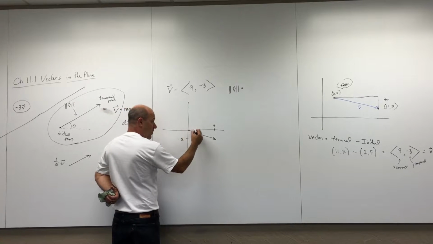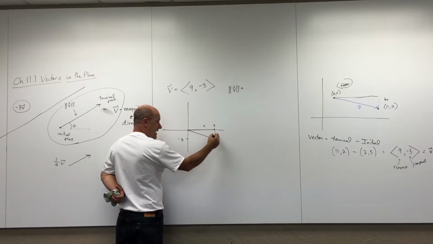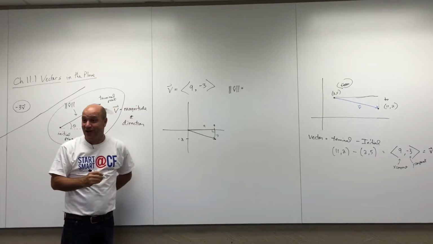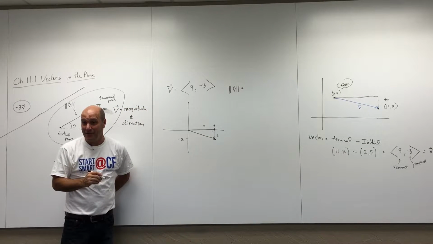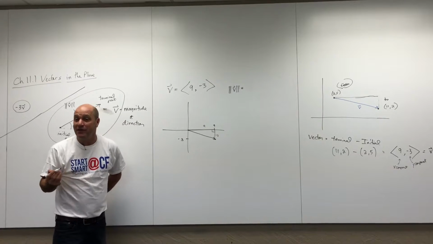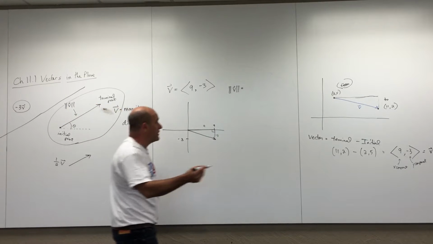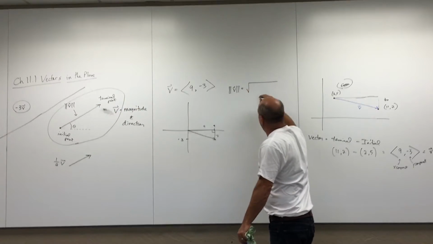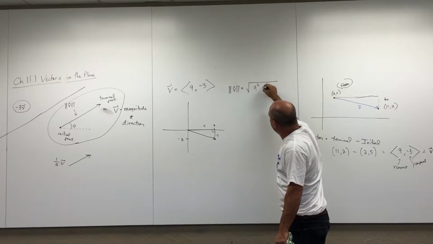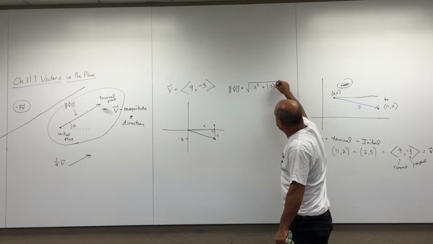If you go over 9 and down -3, this is just good old right triangle trigonometry, right, you guys? It's just the hypotenuse. The magnitude of the vector is just the hypotenuse. It's very simple. It's the square root of 9 squared plus the negative 3 squared.